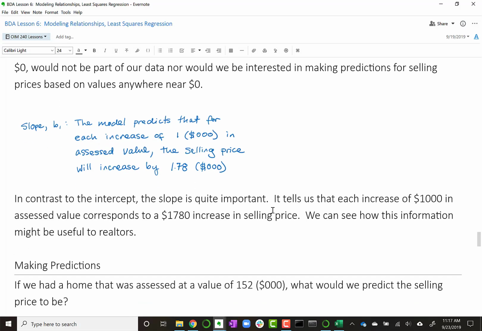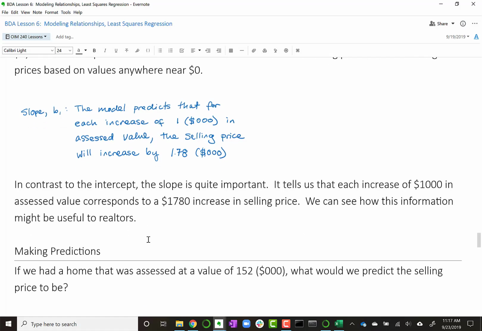I might make that a little bit easier to interpret and just say this tells us that each increase of $1,000 in assessed value corresponds to a $1,780 increase in the selling price. And then we can see how this would be useful to realtors, right? Knowing the way the prices behave relative to the assessed value is very important.